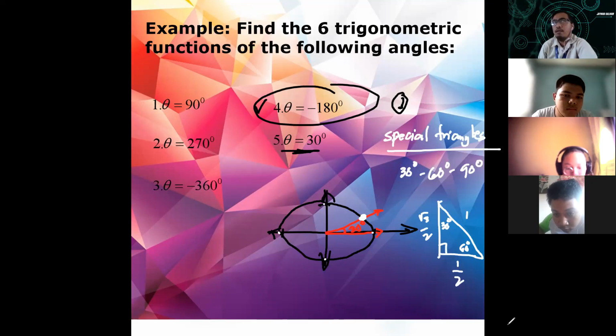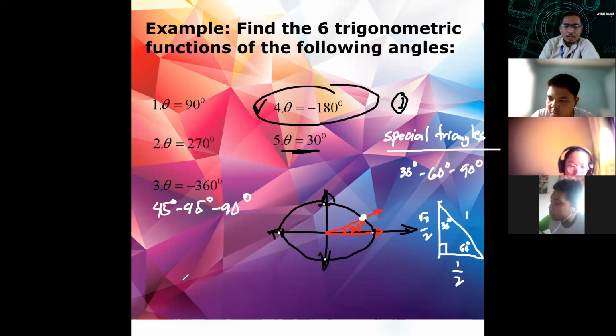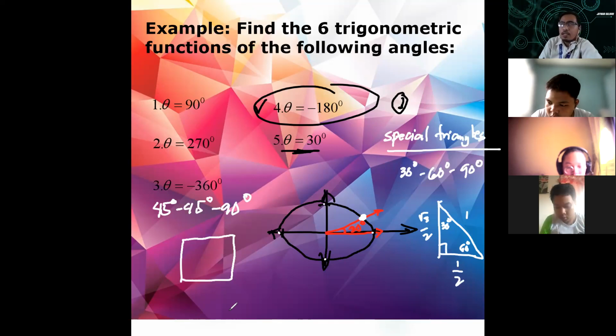And we also have one more special triangle, the 45, 45, 90 degrees triangle. It is formed from a square wherein the diagonal is 1.